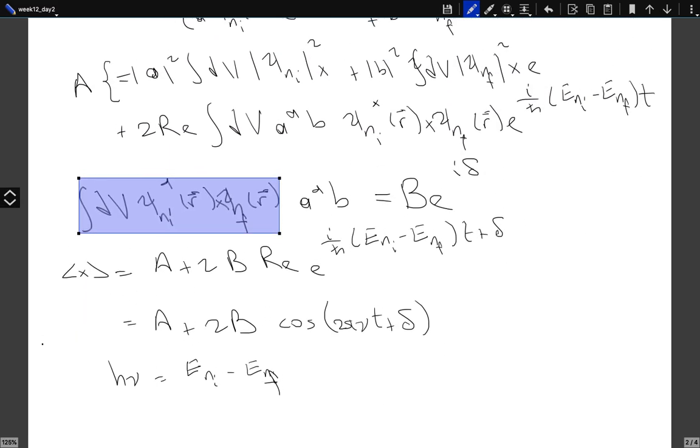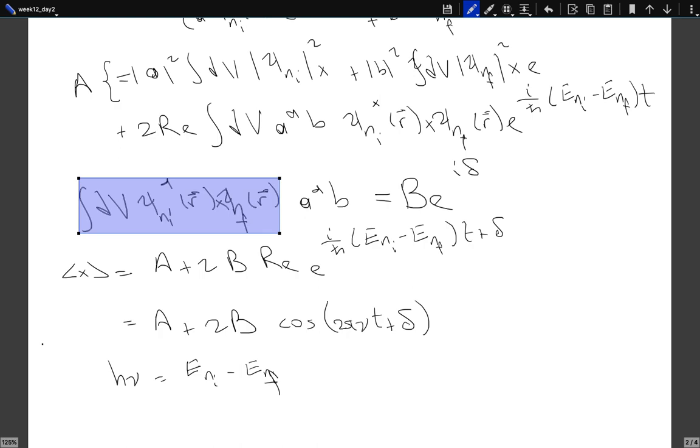In fact, since the oscillation amplitude b is determined by this integral over here, this integral will determine how bright an emission line in the spectrum will be.